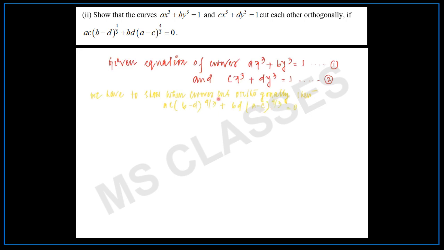Now when the curves cut orthogonally, they cut basically at the point of intersection. Whenever we find the angle between two curves, we find it at their point of intersection.